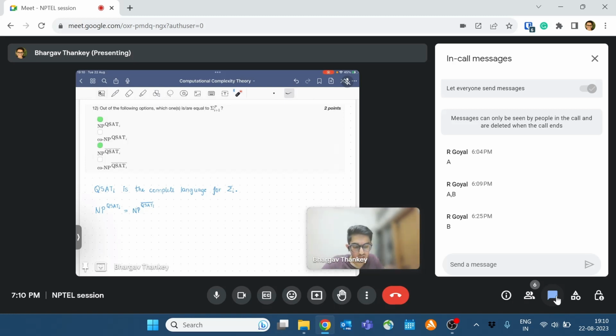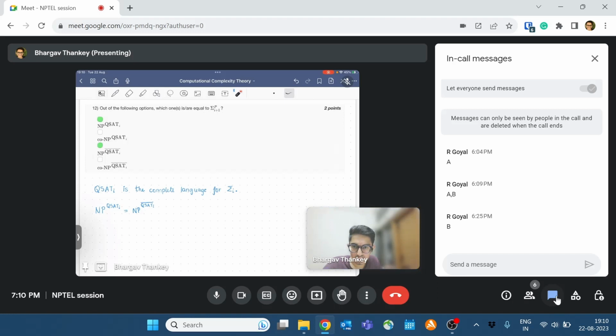The first quantifier of sigma i plus 1 is there exists, right? So forget about that quantifier for now. From the second quantifier onwards, there exists, for all, and so on, you can simulate using this.